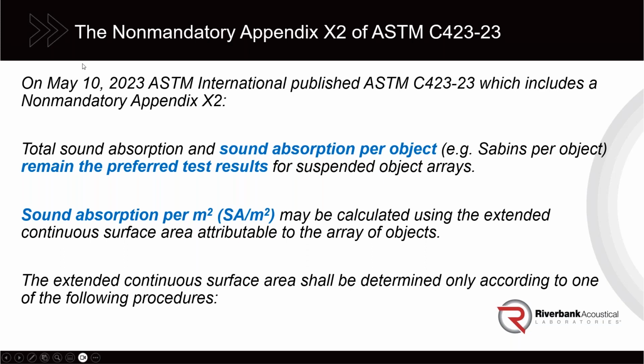So on May 10th, 2023, ASTM International published ASTM C423-23, which just means the 2023 version of C423, which includes a non-mandatory Appendix X2. In this appendix, we state that the sound absorption per object, i.e. the Sabins per object, remain the preferred test result for suspended object arrays.